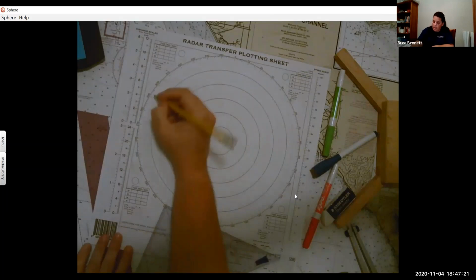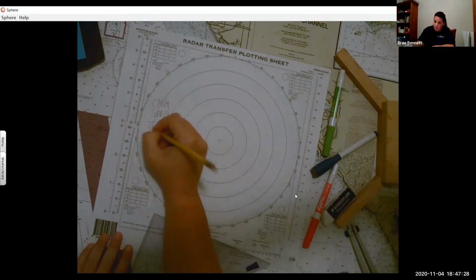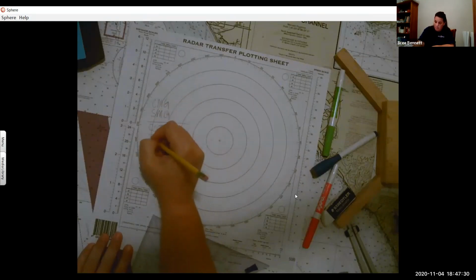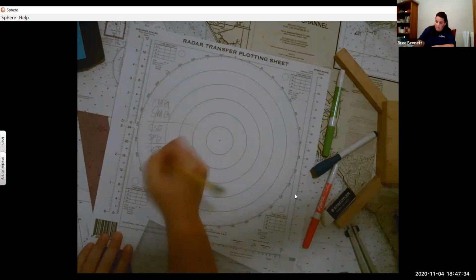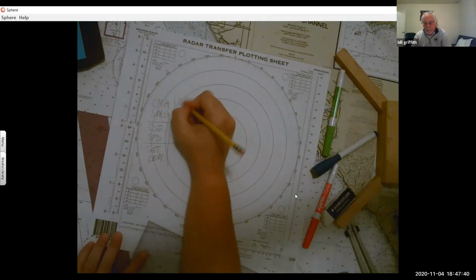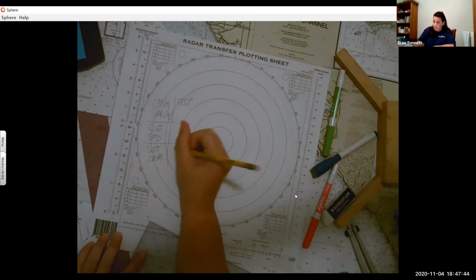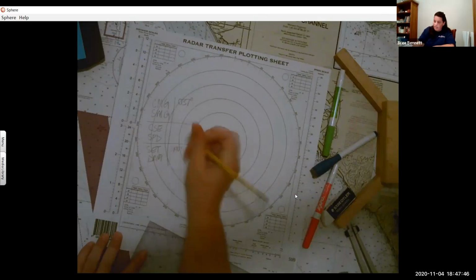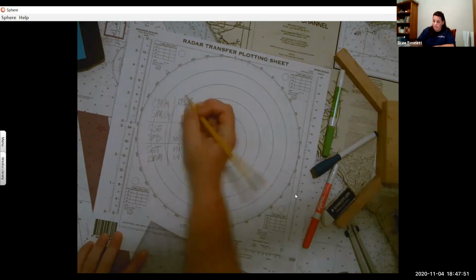So I have my course made good, speed made good, my course, my speed, and then my set and my drift. My course made good, I wanted to do 037. My set was 190 at 1.4. My speed is 10.